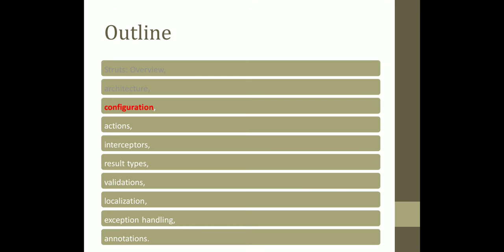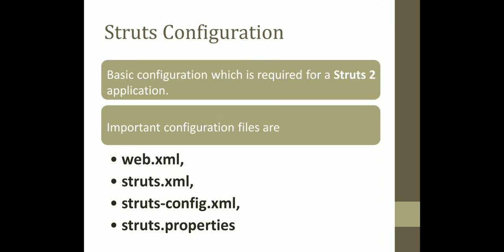Then we will see the configuration. The Struts configuration includes the basic configuration which is required for a Struts2 application, and the important configuration files, which we are already seeing in this example also, are web.xml, struts.xml, struts-config.xml, and struts.properties.